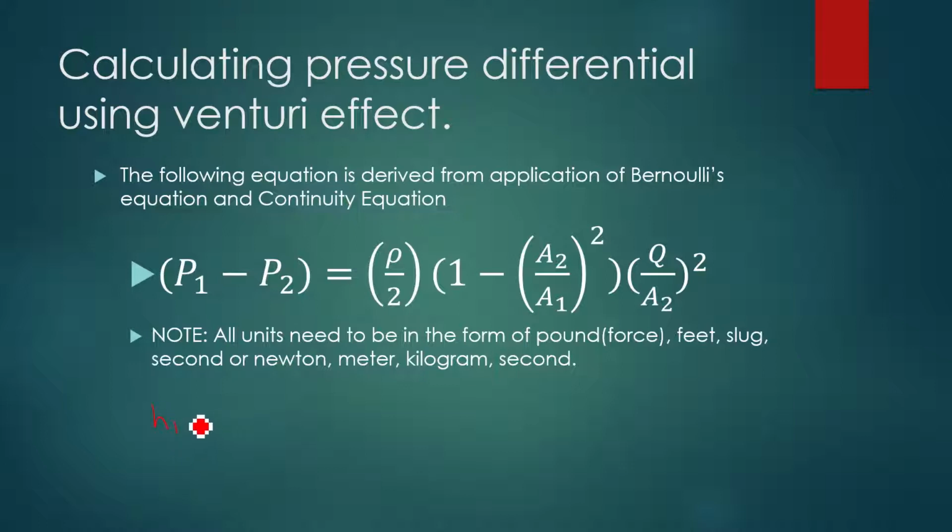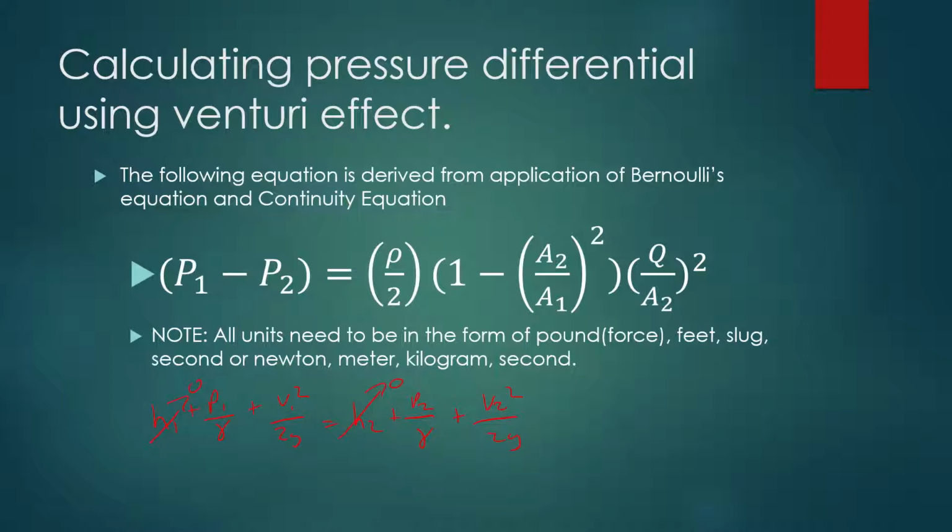H1 plus P1 divided by the specific weight of the fluid plus velocity 1 squared divided by 2g equals H2 plus P2 divided by specific weight plus V2 squared divided by 2g. And of course these H terms are 0.